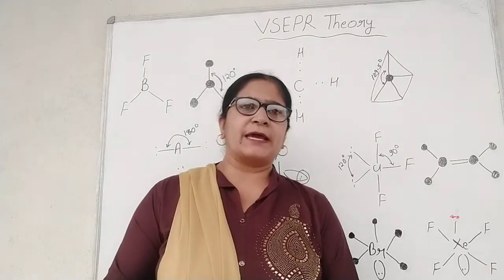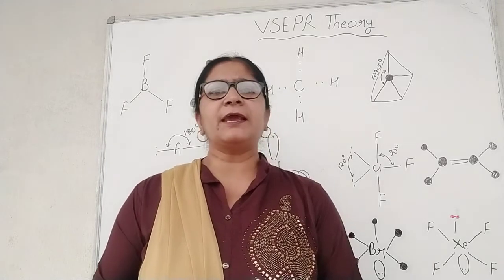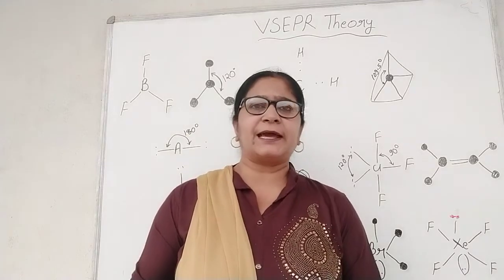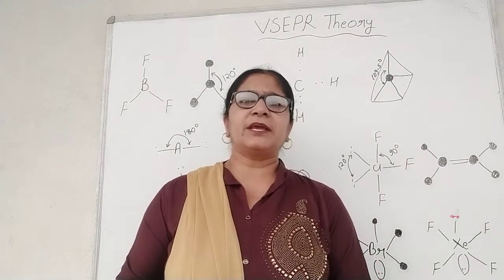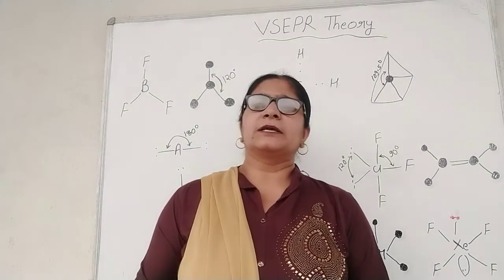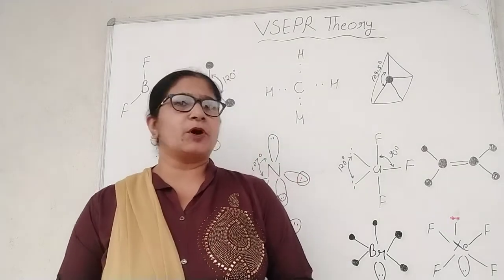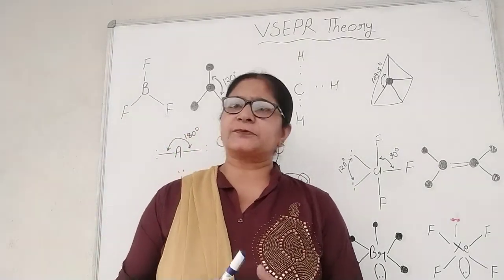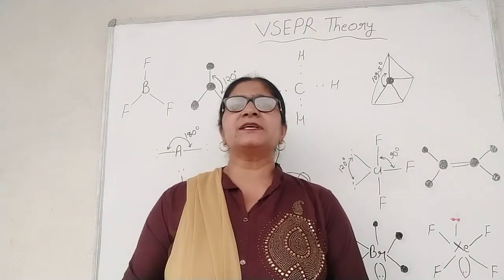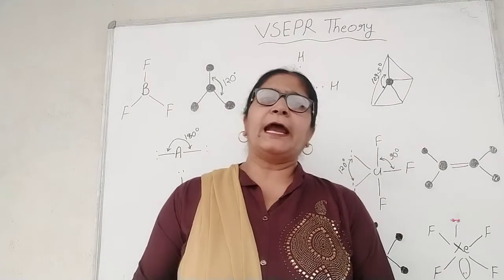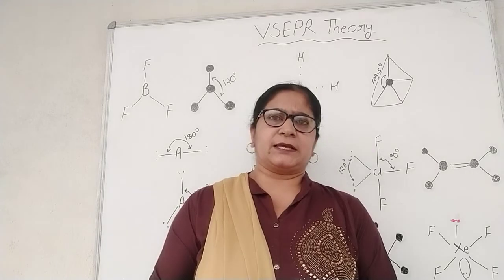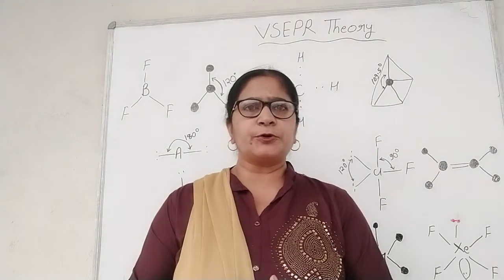Second, it fails to give any idea about the shapes of polyatomic molecules like BeCl2, BF3, CH4. The VSEPR theory, on the other hand, gives the geometry of simple molecules but fails to explain their formation. To overcome these limitations, the valence bond theory and the molecular orbital theory, which are based on quantum mechanics, were introduced.